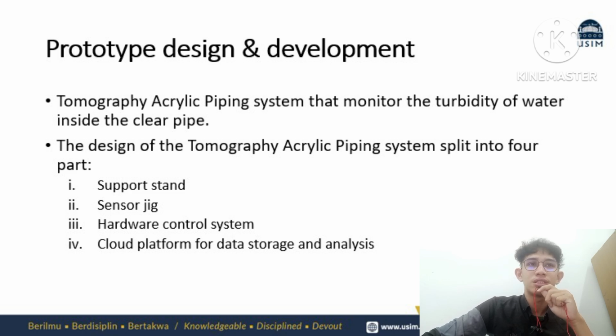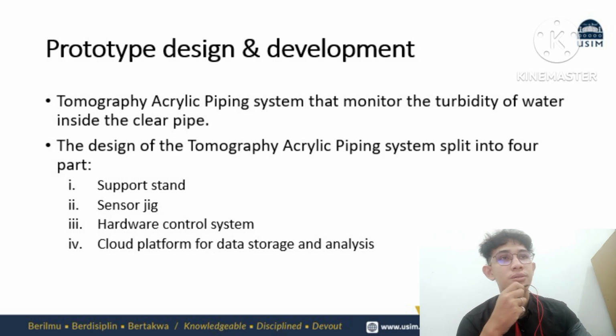For the support stand and sensor jig, we will use the SolidWorks software to design the 3D part. Then we will fabricate it into the actual product. Then for the hardware control system, we will use the Arduino IDE and also EasyEDA software to create the PCB and schematic system for our water quality monitoring sensor, and the cloud platform will be developed to show the real-time monitoring data.